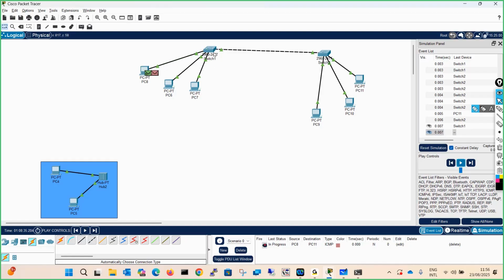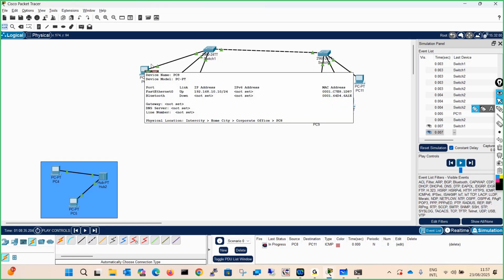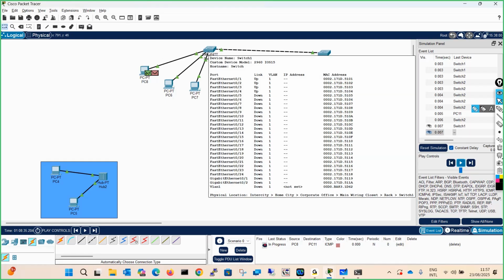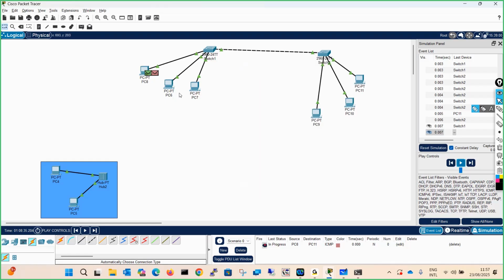Now this switch has forwarded the unicast packet to PC8. When PC8 wanted to talk to PC11, it first would have checked the ARP cache. It was not there, so it sent the ARP request. The ARP request was broadcasted and came to the switch. The switch broadcasted it further on all its ports.